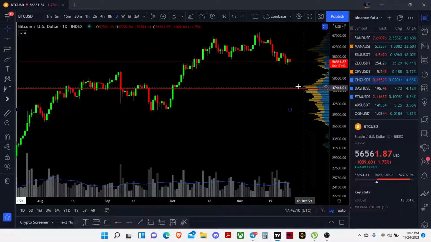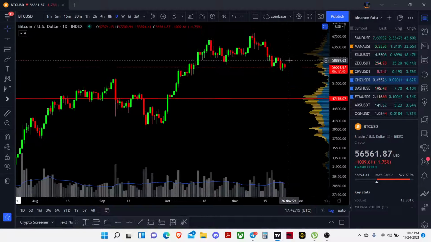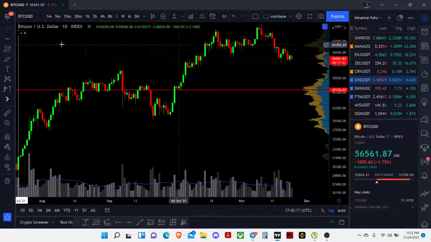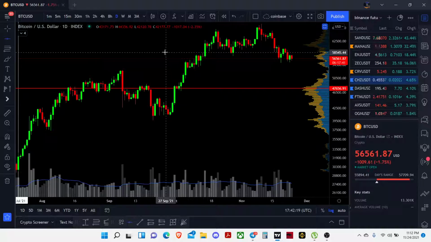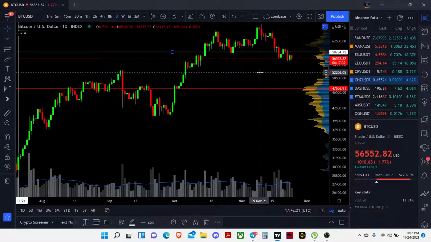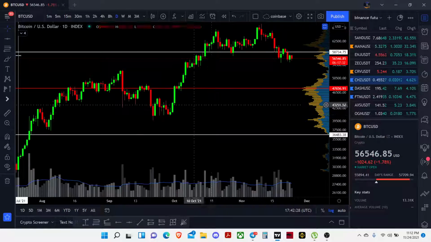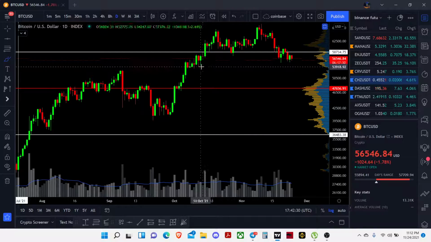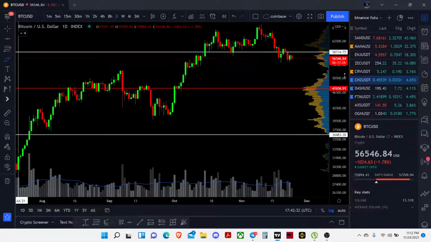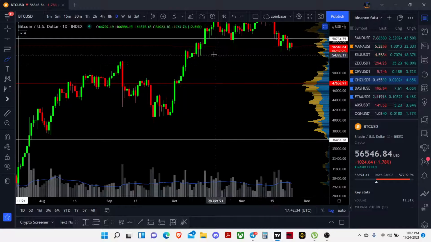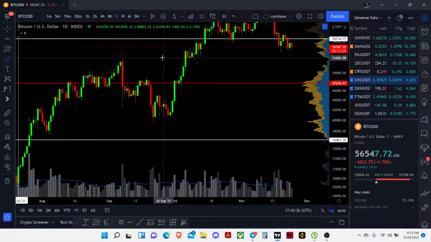So this is the POC, point of control, this is the VAH, also known as the value area high, and this is the value area low out here. Looking at the chart, you can simply see the volume liquidity void.